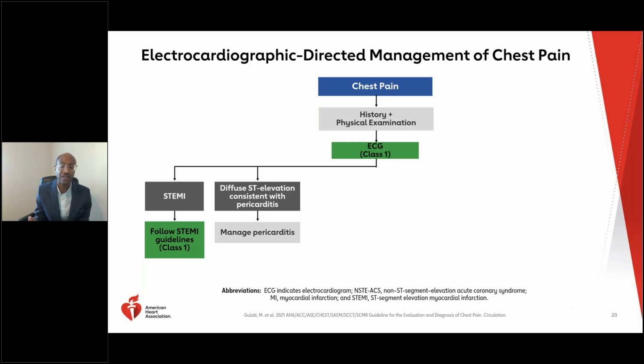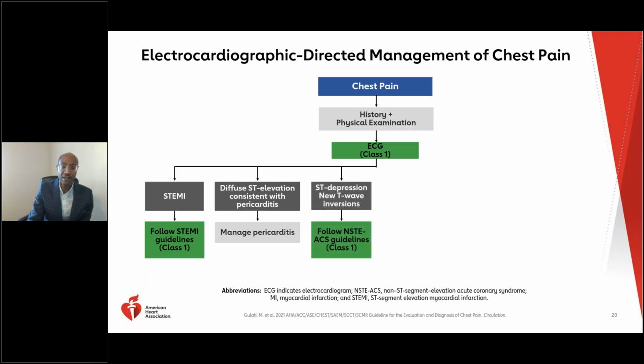And in this particular case, the management of pericarditis would be dramatically different compared to the therapies of acute coronary syndrome specifically. So that is another reason why an ECG can be really helpful, diagnostic and therapeutic for a lot of patients presenting with pericarditis.